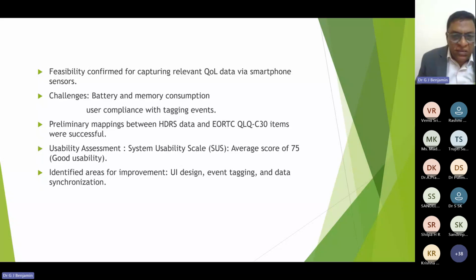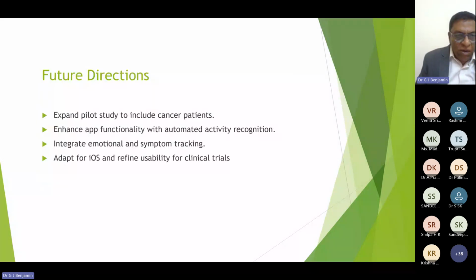On usability assessment, the System Usability Scale average score was 75, which means 75% of the people had a good score. The areas for improvement are the UI design, event tagging, and data synchronization. Coming next, the future direction says to expand the pilot study to include cancer patients.